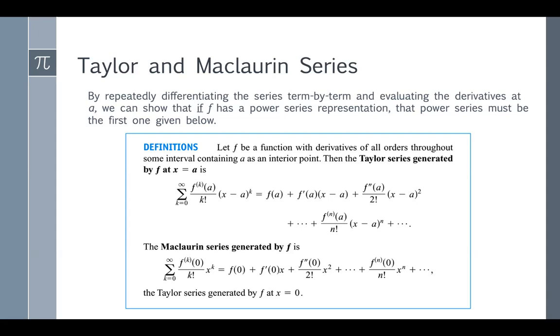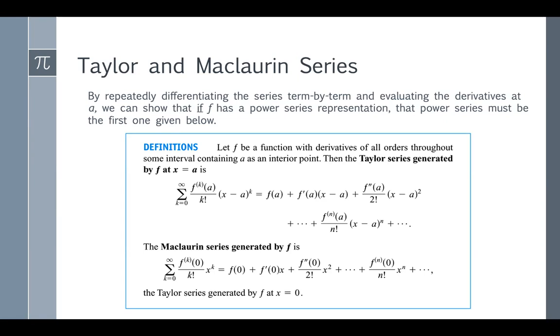So the first few terms of that series are f of a plus f prime of a times x minus a plus f double prime of a over 2 factorial times x minus a squared, and the general term is the nth derivative of f at a over n factorial times x minus a to the n, and so on and so on. This is an infinite series.